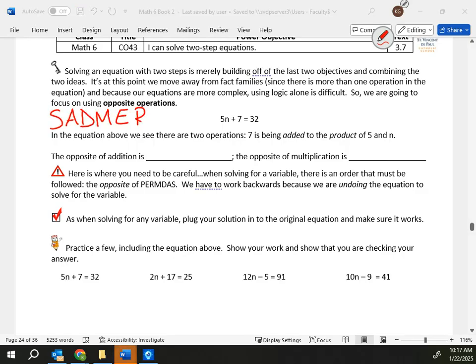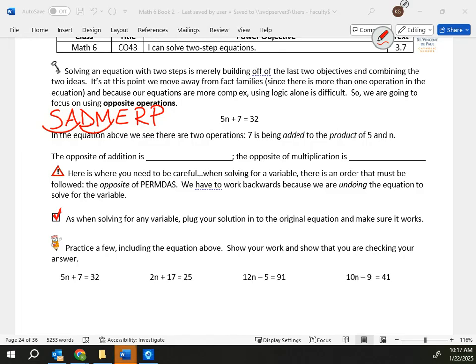Because remember, we are going opposite. When we do opposite operations to get to the opposite side of the equal sign, instead of going multiplying and dividing and then adding and subtracting, we start with that adding and subtracting and doing the opposite operation. Then we do the same thing for the multiply or divide.